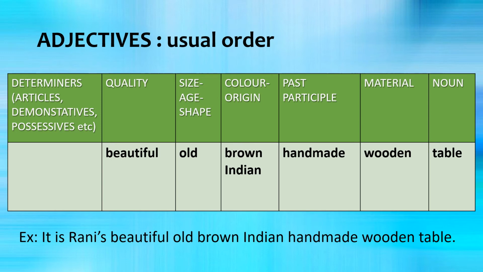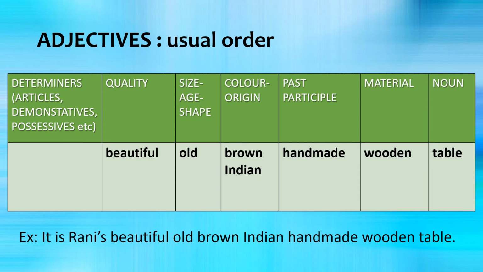First comes the determiners. So what are the determiners? Determiners can be articles like a and the, demonstratives like this, that, and then comes the possessives, mother's, hers, her, his, and so on.